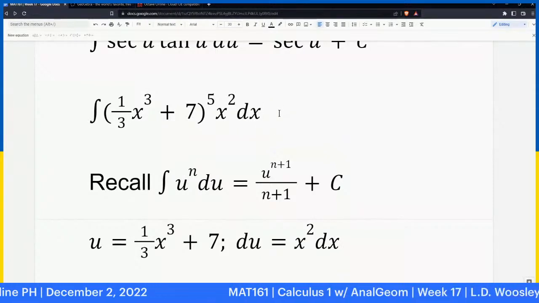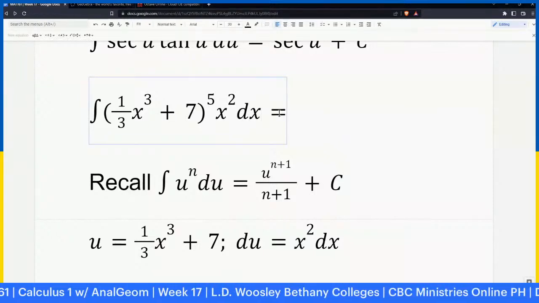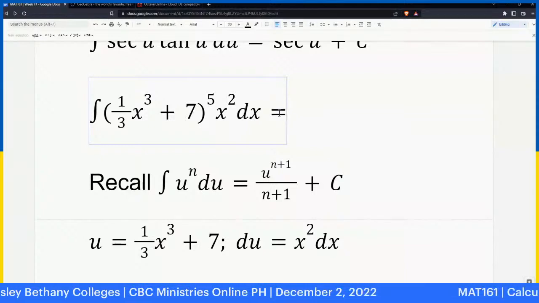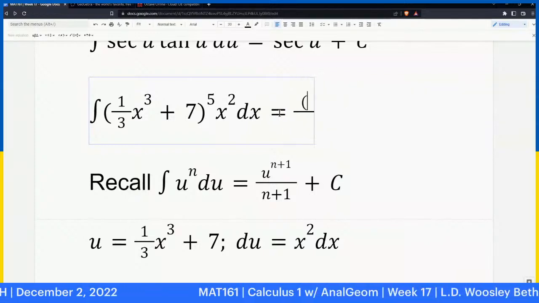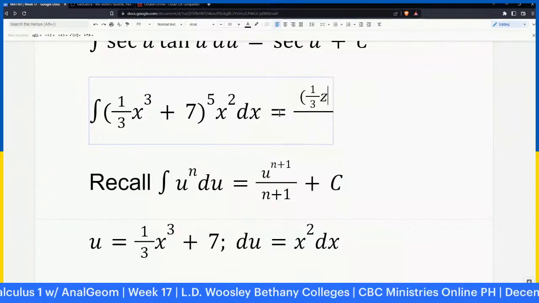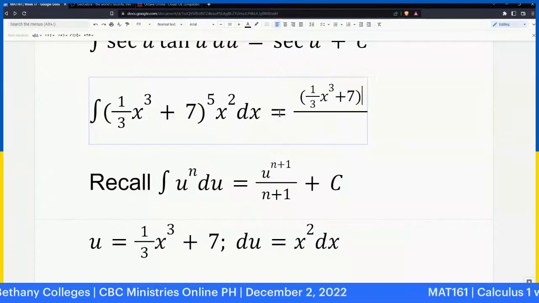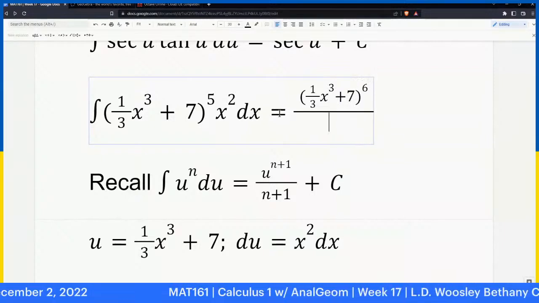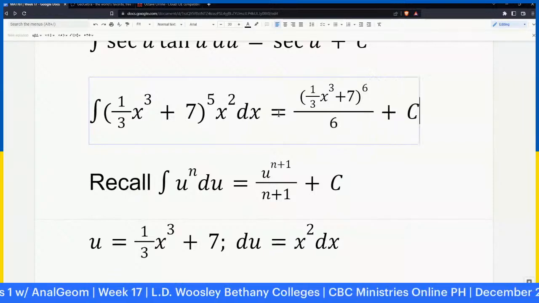Okay? So what will be the answer? So yung u mo, yung buong u, i-erase mo saan? Sa n plus 1, which is 6. Right? So we have here 1/3 x cubed plus 7 raised to 6 all over 6, plus C. Okay?